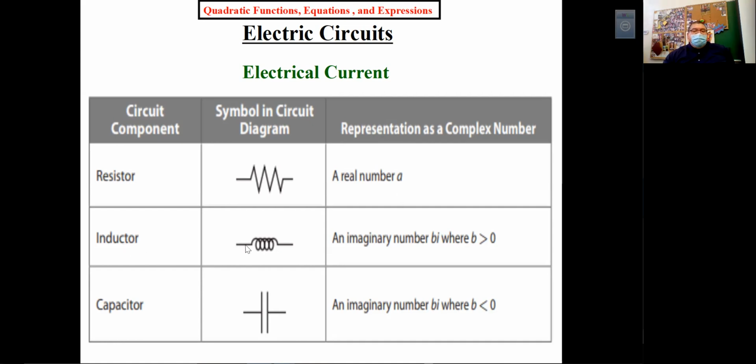When I give you an inductor with certain ohms, that translates to an imaginary, and it has to be positive. And a capacitor, also in ohms, translates to an imaginary, but negative. Let me repeat that again. The resistor is just a number. An inductor is an imaginary, which is positive, and a capacitor is an imaginary, but negative.